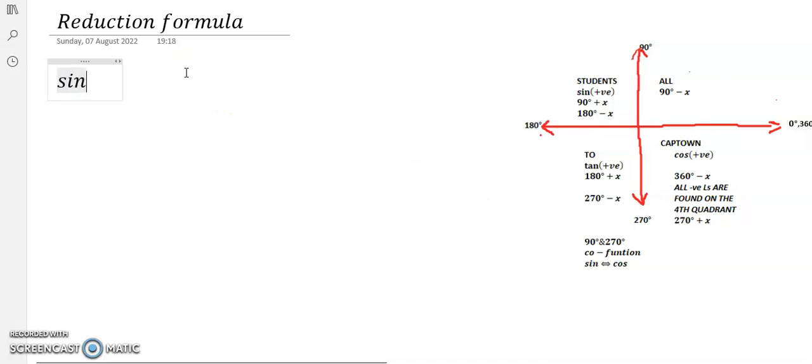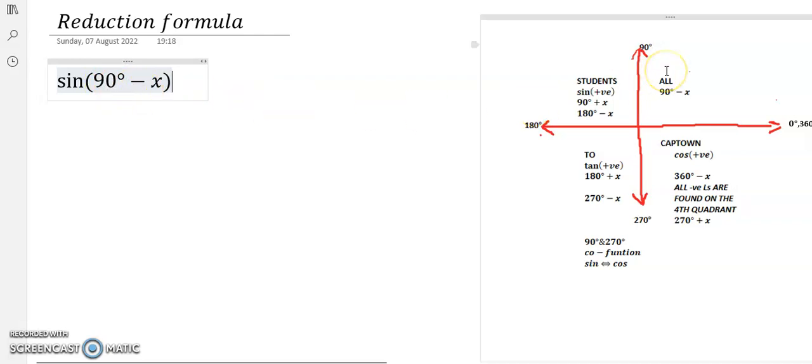We have sine of 90 degrees minus x, here just like that. Okay guys, we use this one as a reference angle. Here we have 90 degrees minus x. 90 degrees minus is on the first quadrant, and remember, all trig ratios are positive here, meaning that we will have positive trig ratio.